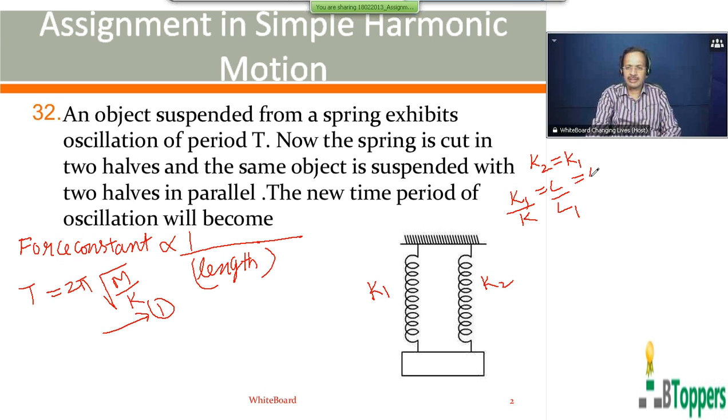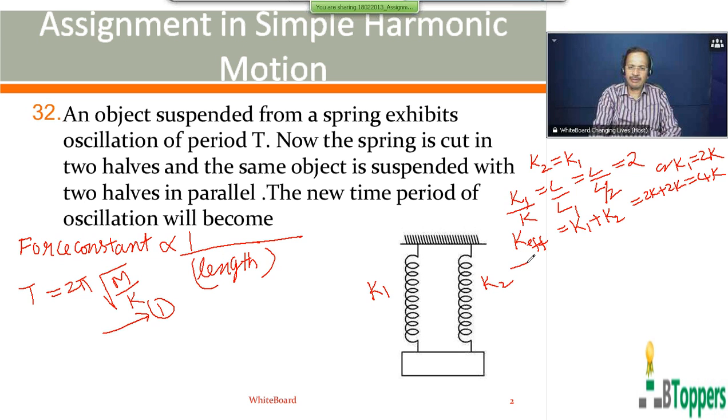So the length of each part is half of the natural length, or the unstretched length of the first part is half of the natural length of the original spring. Therefore, the force constant of one of the parts will be 2 times the force constant of the original spring. So the effective force constant of the combination of the two springs connected in parallel will be the sum of the force constants of the individual springs. That is 2K plus 2K, that will be 4K.